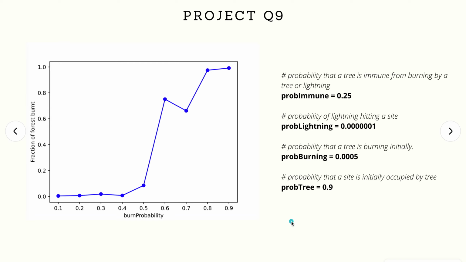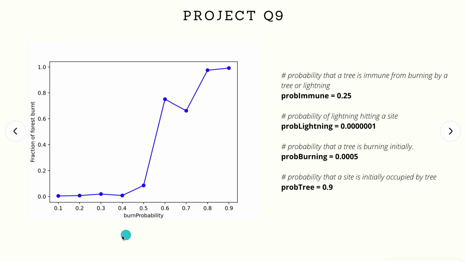Okay, so now this is project question 9, where we are changing the burn probability, and we're checking how much of the fraction of the forest gets burnt. The other parameters are equal to the respective parameters. We can see that 90% of the initial grid was occupied by trees.